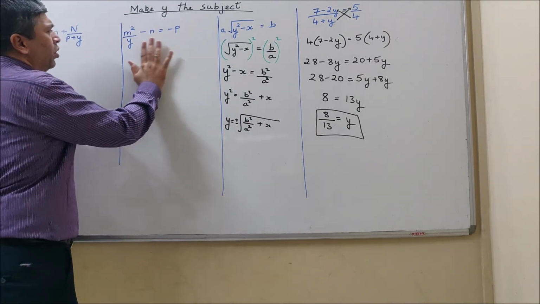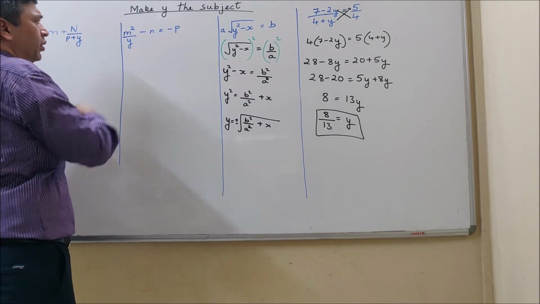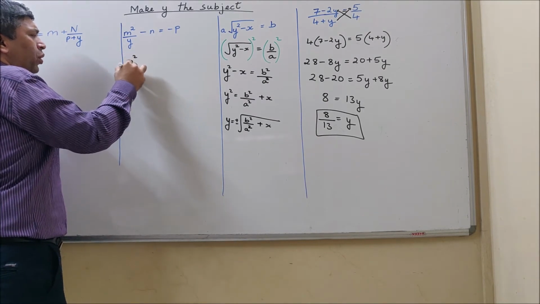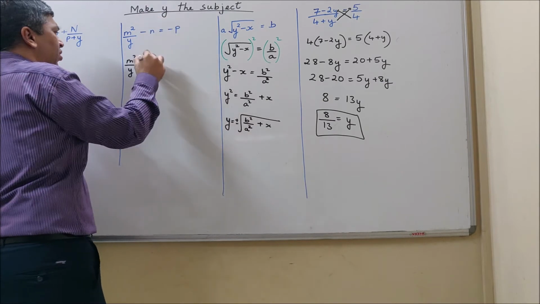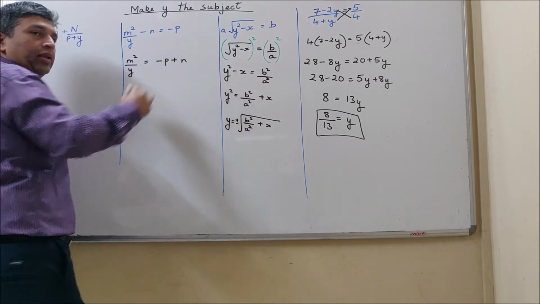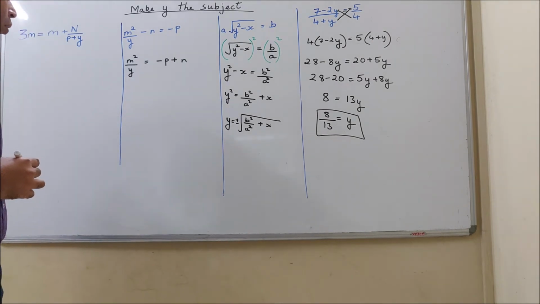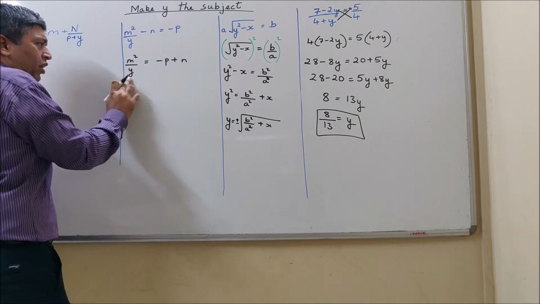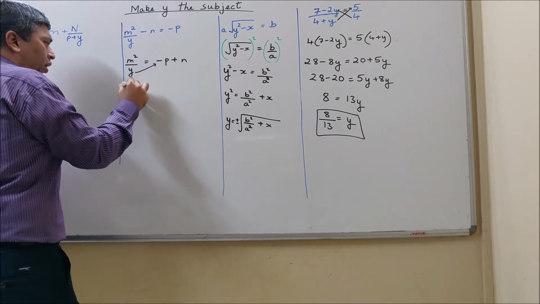You want to make out here y the subject. So first, what we do is we take the n on the other side. So it becomes a minus p plus n. Now, you take your y, which is in the denominator, take it in the numerator.